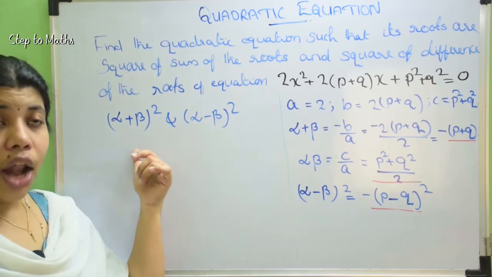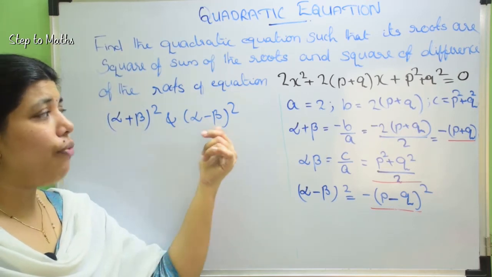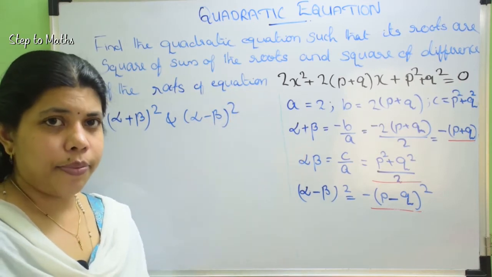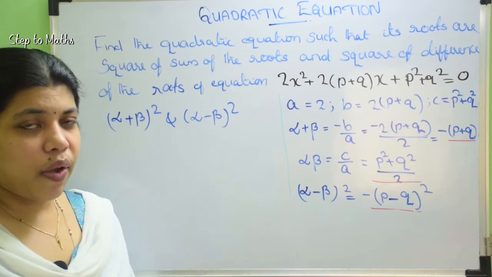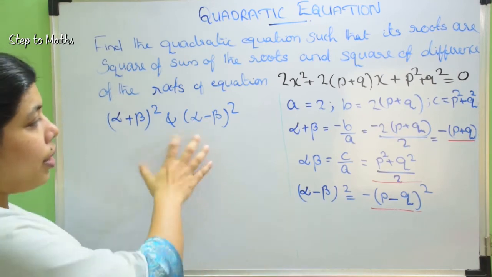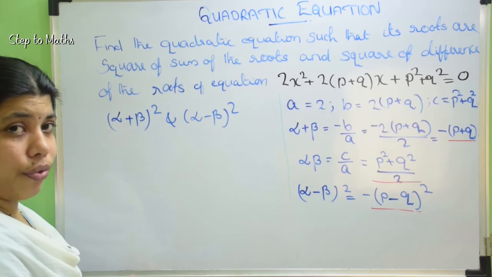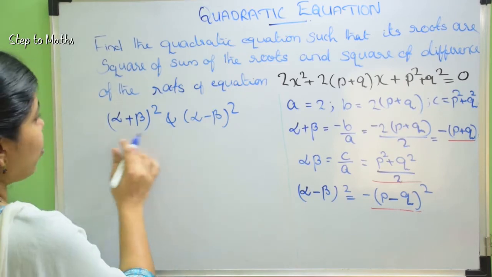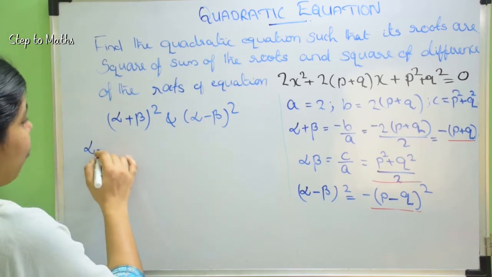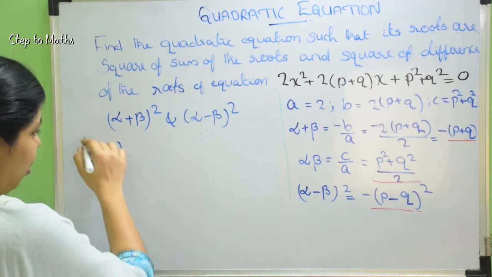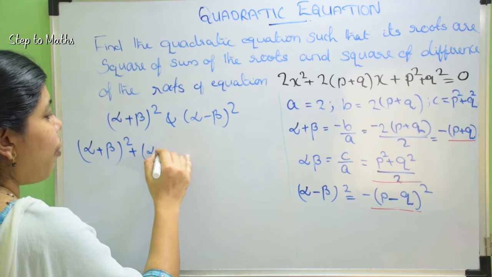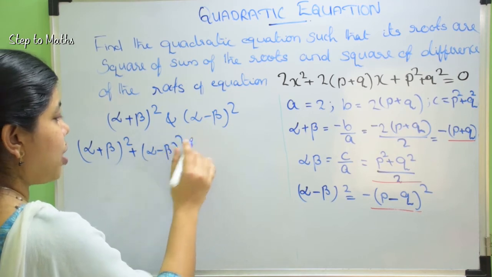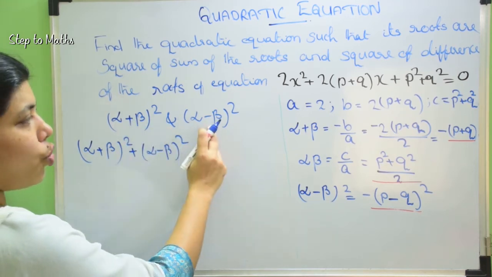To form its corresponding quadratic equation, we have to find out the sum of roots and product of roots. Sum of roots: alpha plus beta whole square is one root plus alpha minus beta whole square. These are the two roots.